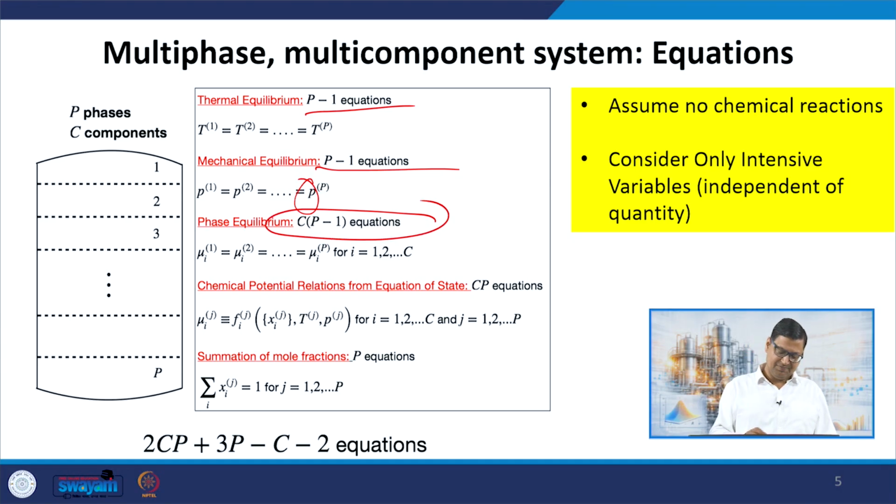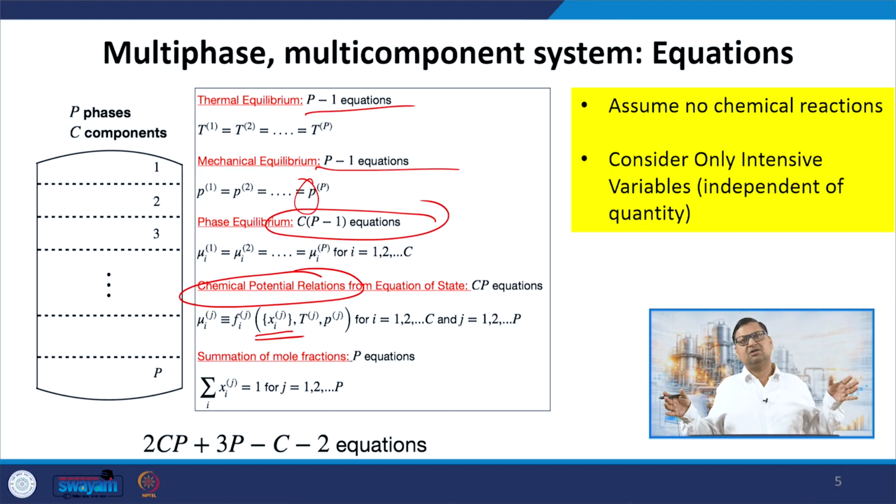And then finally, as I was telling you, the chemical potential comes from the Gibbs free energy, and the Gibbs free energy comes from the equation of state or the property relations. So, therefore, chemical potential has to be some function of the compositions, and now I am referring to composition as the concentration or mole fractions of all the components in the system in a given phase.